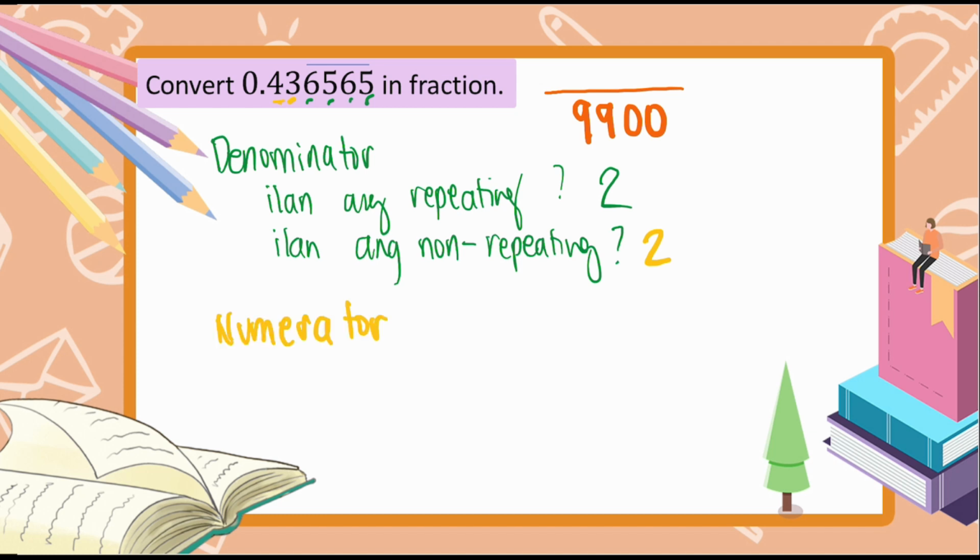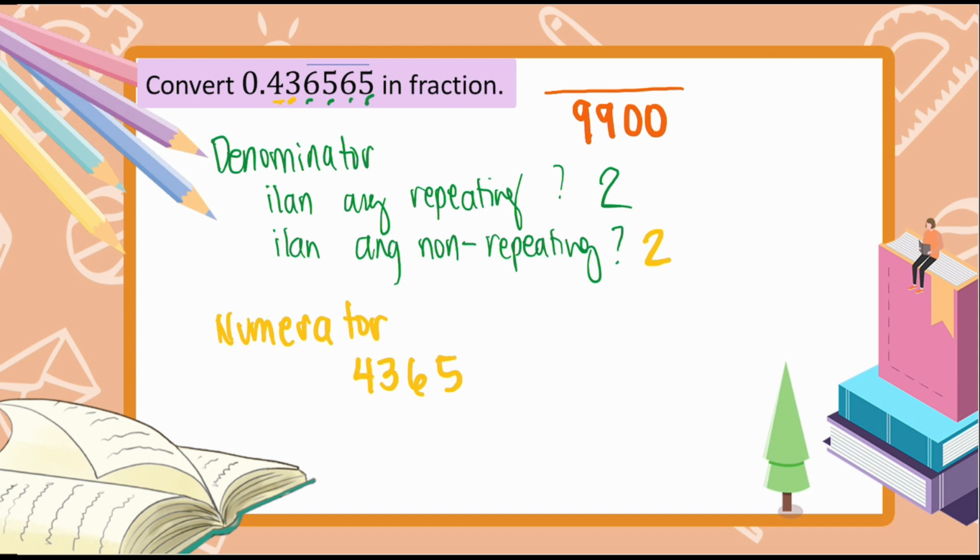So, sa numerator, the first thing that you're going to do is write all the digits ng repeating and non-repeating. So, we will have 4, 3, 6, and 5. That's the first one. So, yung second one naman, isusulat mo na lang yung non-repeating.